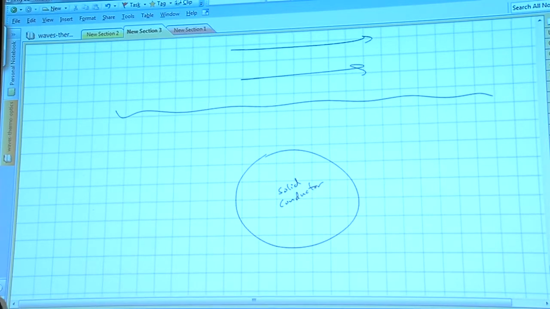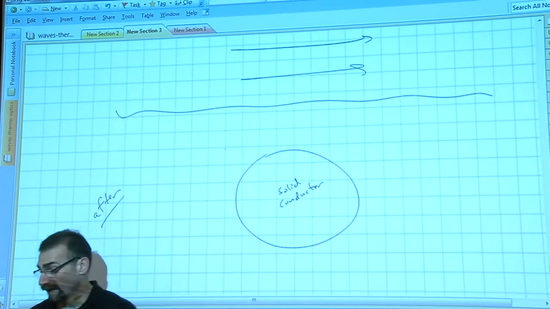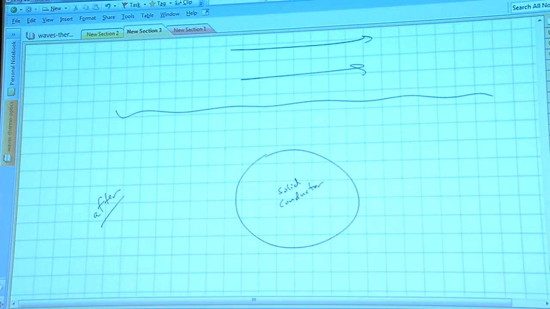Then what happens? Our electric field, what's the definition of a conductor? Charges free to move around. If the charges are free to move around, the electrons are free to move around, and we put it into a big electric field, those electrons are going to feel a force, right? And they're negatively charged, so they go the opposite direction of the electric field.